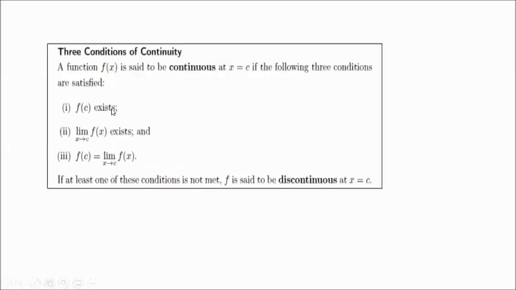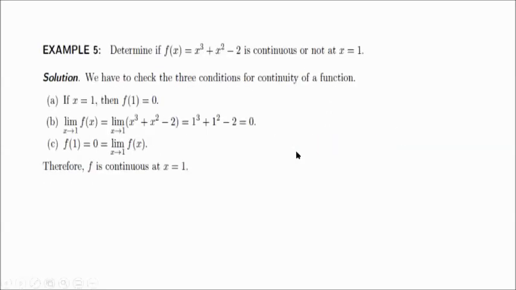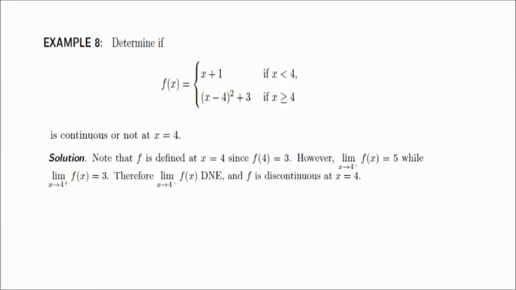So yung una, yung kanina dito, does not exist yung dito niya. Okay? In this case, yung does not exist naman dito is yung limit. Kaya nag-discontinuous siya at x equal to 4. Basta, if yung limit does not exist or yung f of c does not exist, either of the two, discontinuous na siya.